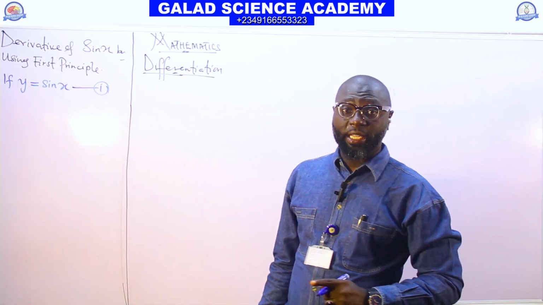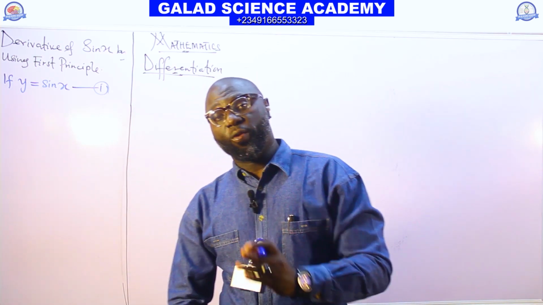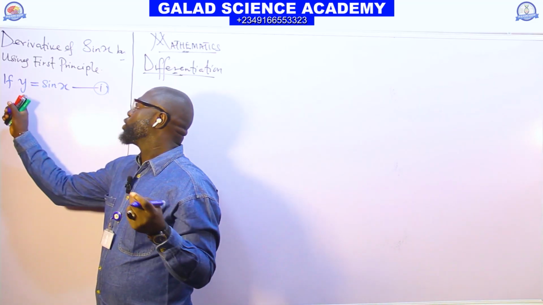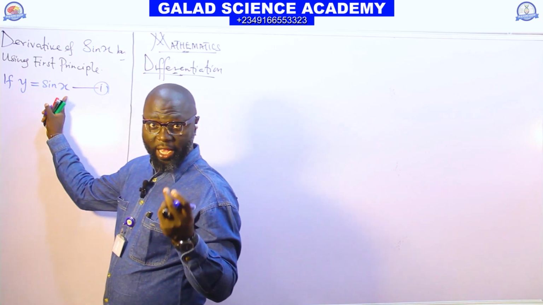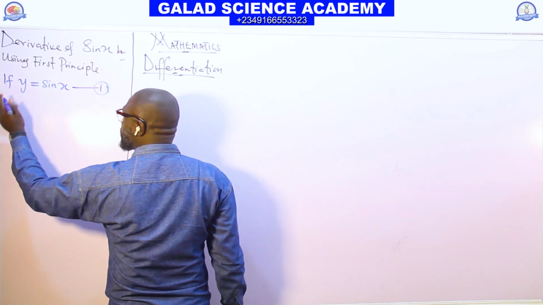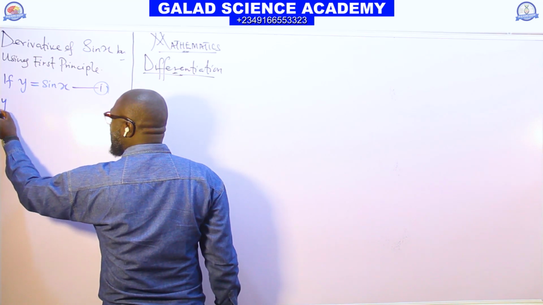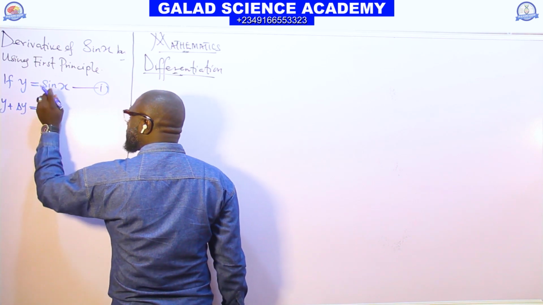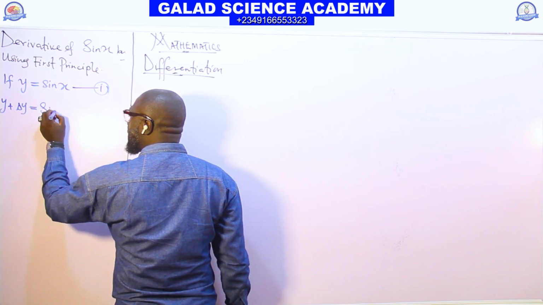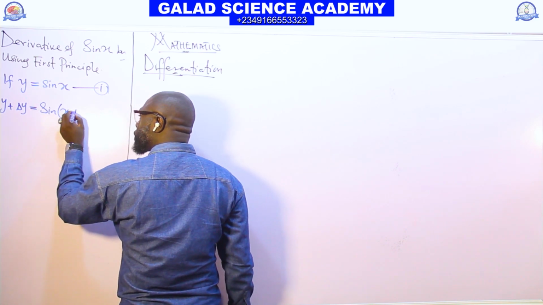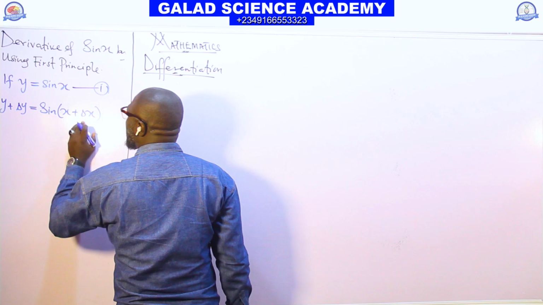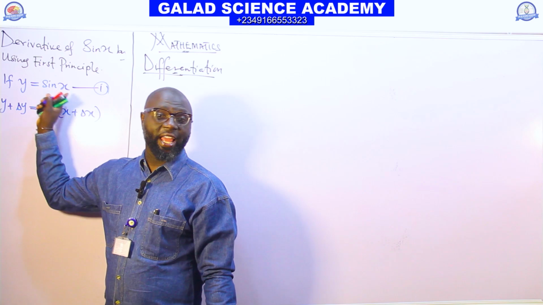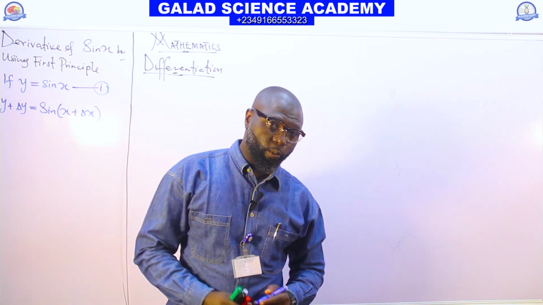If you could still remember in normal general first principle we have done before, we will add a small increment to the y and add it to the x. By adding a small increment to the y, we have y plus small increment, which is changing y, equal to sine x plus small increment of x. This is the question given. Find the derivative of sine x by using first principle.